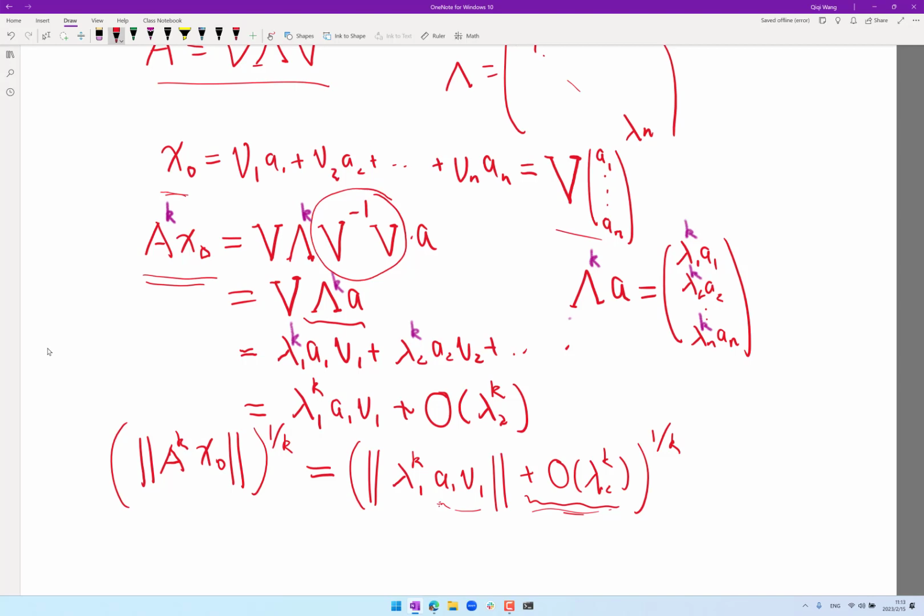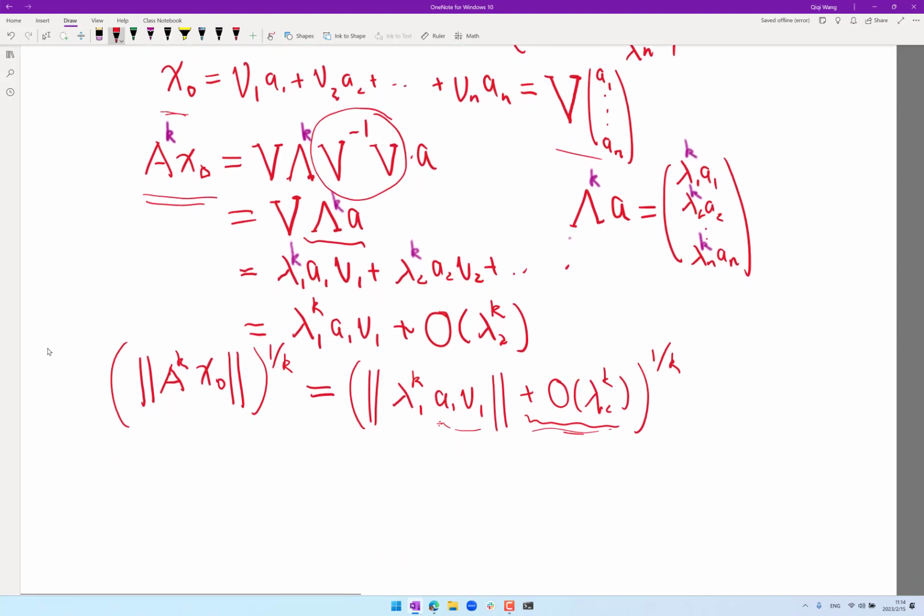So this whole thing would be exactly the magnitude of lambda 1. These two are, of course, ideal situations, and the fact that I'm randomizing x0 probably means there are contributions from the other terms, and a1 is not going to be exactly equal to 1.